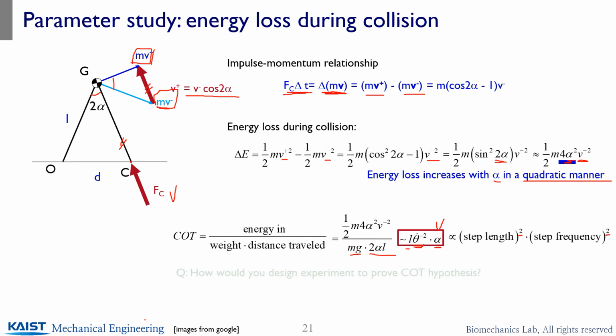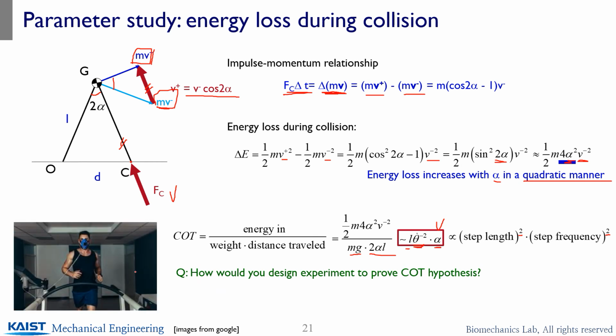At some point you may wonder if human beings really do spend more energy in a quadratic manner with the step frequency or the step length. So researchers would like to prove whether this mechanical approach for the cost of transportation would hold. One popular way biomechanists examine cost of transportation is by calculating the energy in as chemical energy based on oxygen consumption.